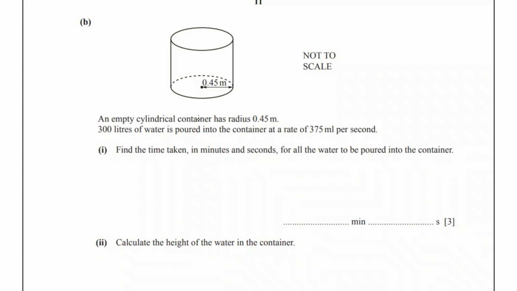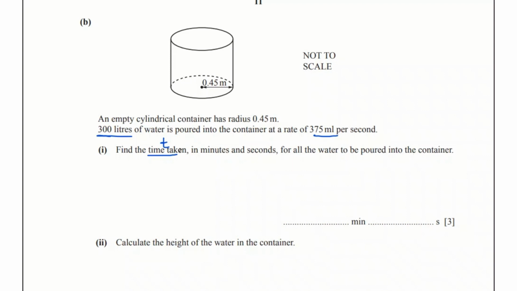Okay, an empty cylindrical container has radius 0.45 meters. 300 liters of water is poured into the container at a rate of 375 milliliters per second. See, this is in liters, this is in milliliters. Find the time taken in minutes and seconds for all the water to be poured into the container.